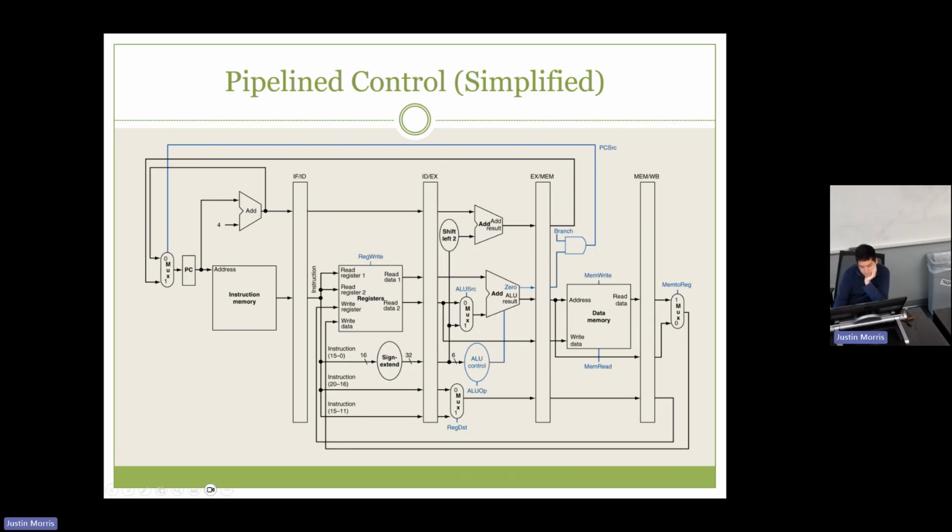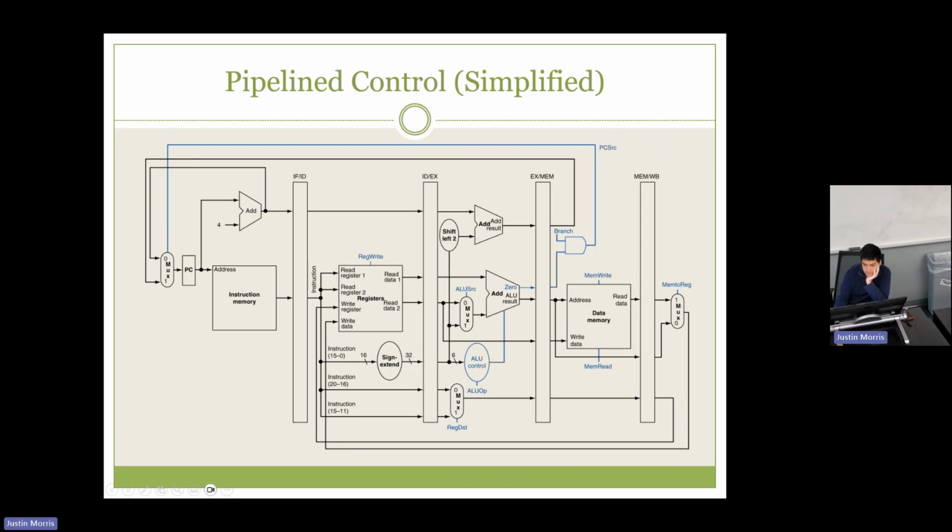What are we consuming? What am I doing here? All the instructions, what is this? That's RS, right? And it's coming directly from the instruction, right? Same with RT, right?